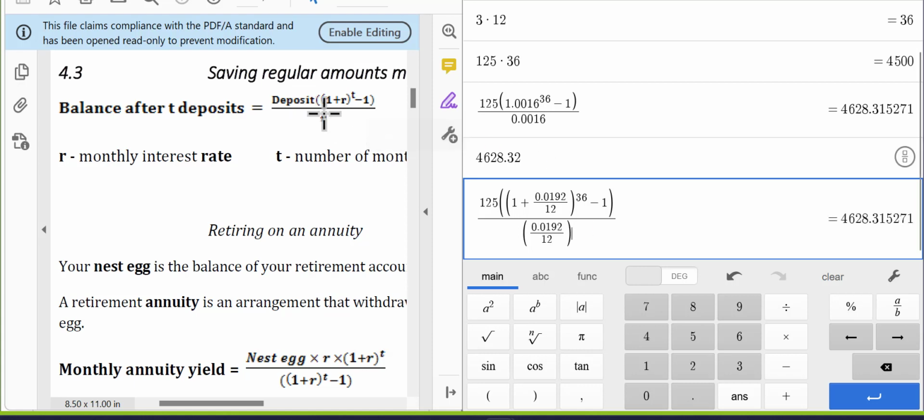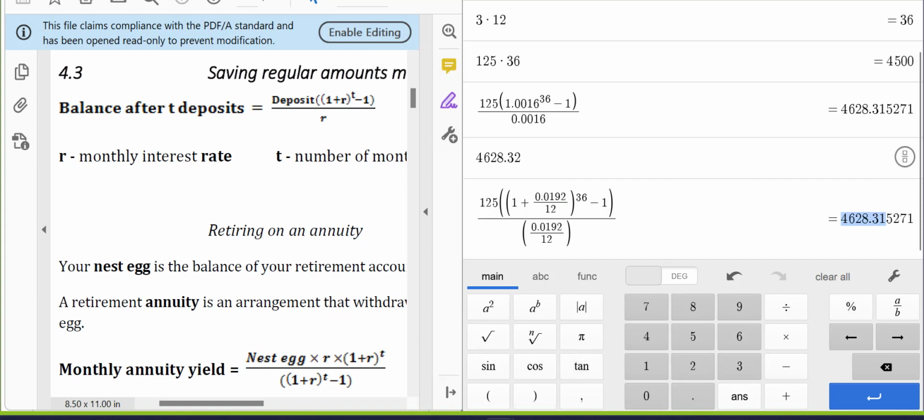So the bottom is just R, so it's 0.0192 over 12, and that would give you the same answer, 4628.32 when you round up, right? So that would be doing it all at once and dividing the interest rate all at once.